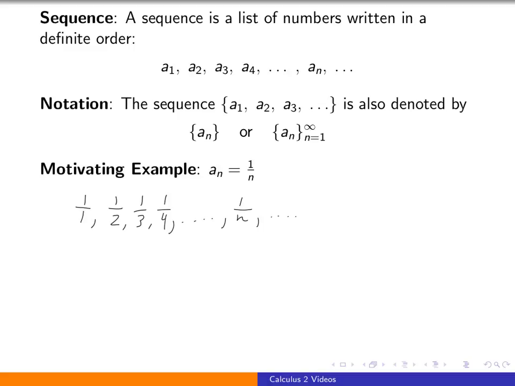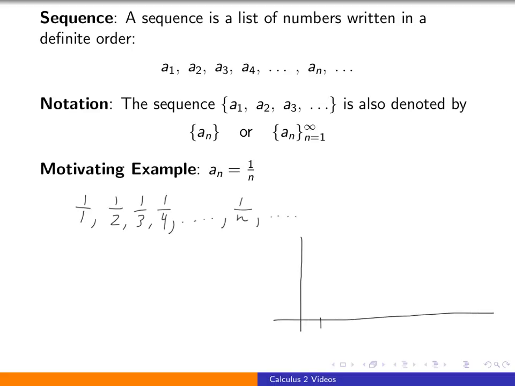Now, a nice thing to notice here is that we can also think of a sequence as being a function, but specifically the domain would be inputs which are natural numbers, which are positive whole numbers. We plug into the function 1, 2, 3, 4, and so on. So we can really think of representing this graphically.